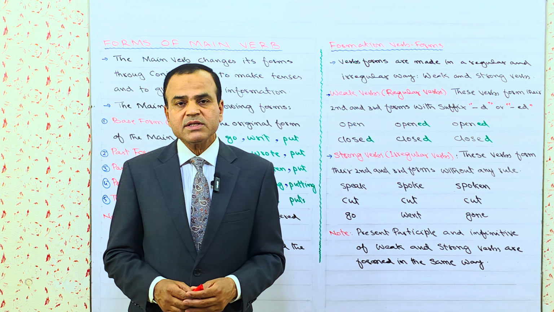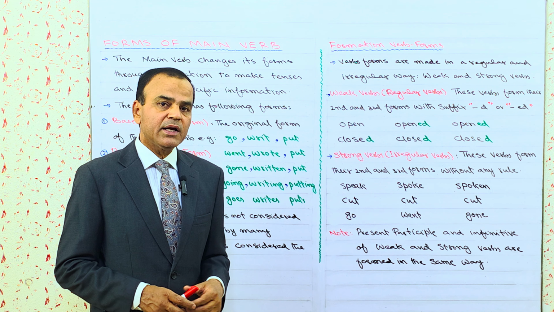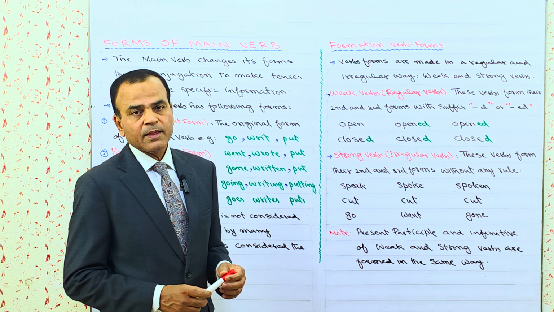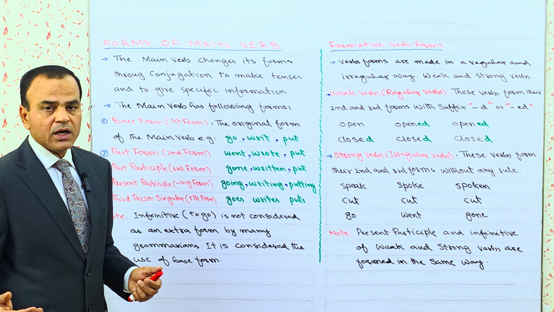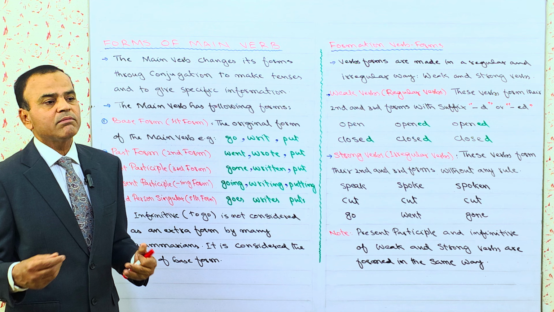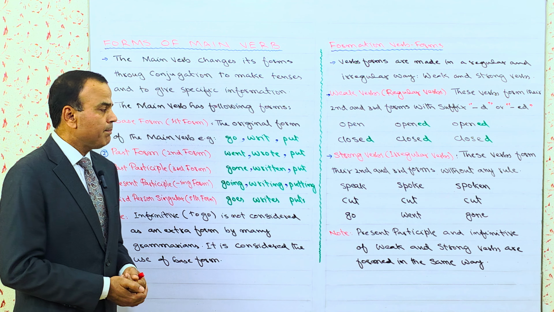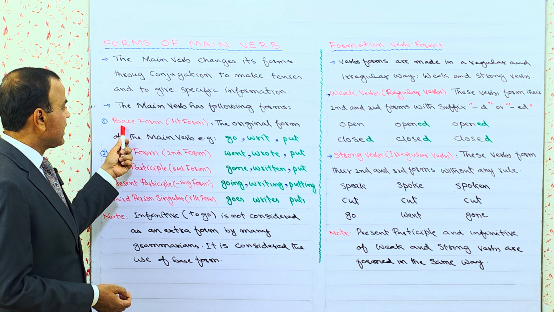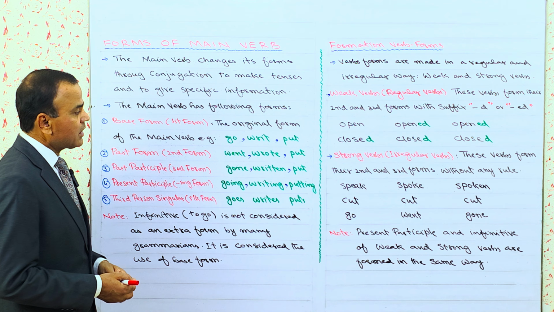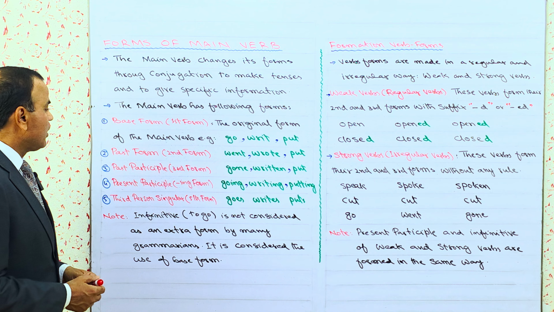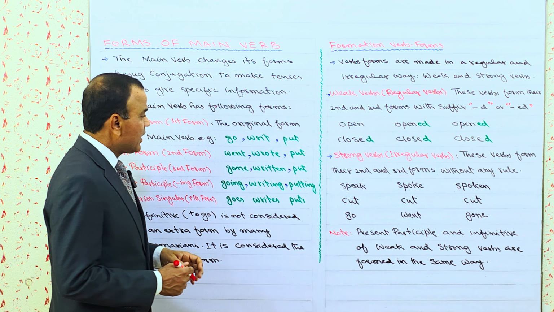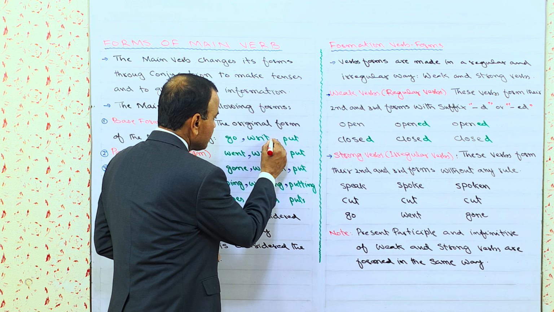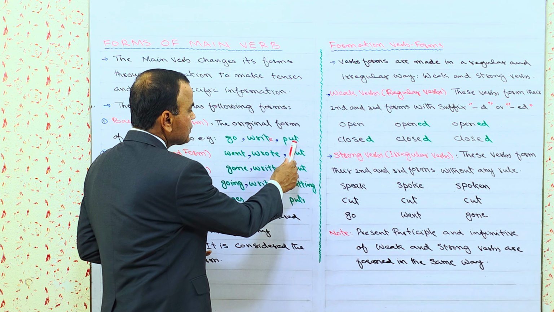Stem means the grammatical entity from which the other words or other forms or other expressions are made. So actually it is the stem or the base or the original form of the verb, like go, write, and put.